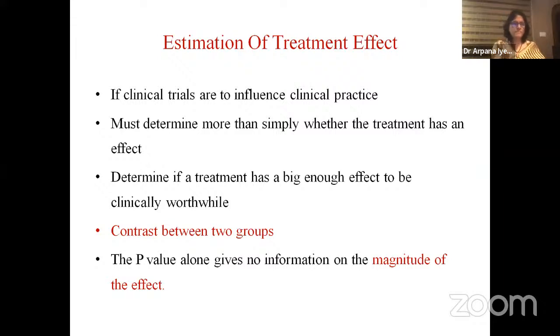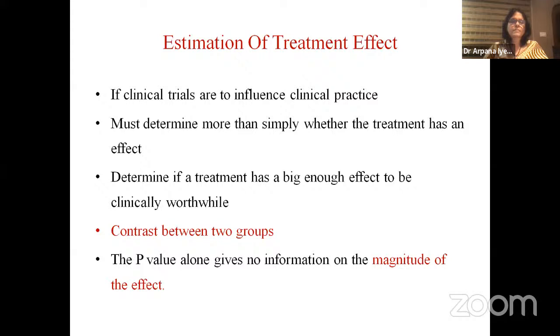It is not the p-value. P-value alone gives no information on the magnitude of the effect. It is the contrast between two groups, I mean, how superior is the drug which we have put in the intervention group compared to the standard group. So that is the magnitude of the effect. We need to know the magnitude of the effect before we apply it to the patient.